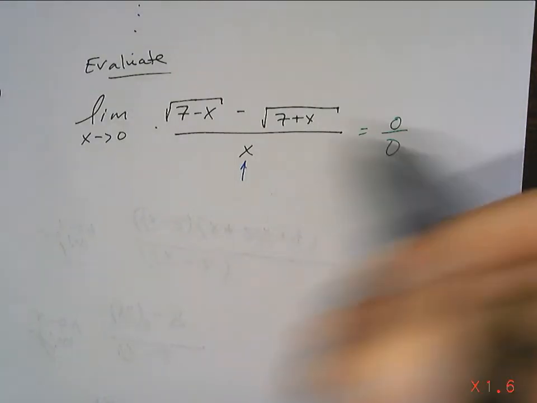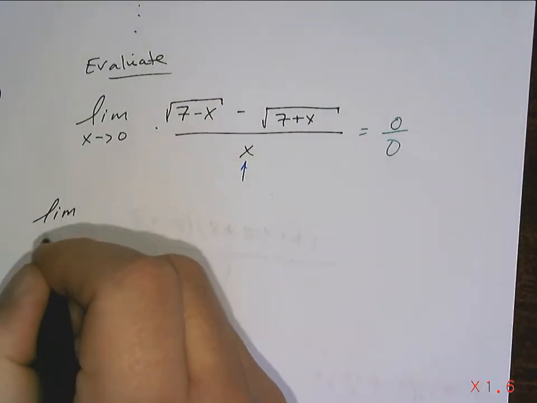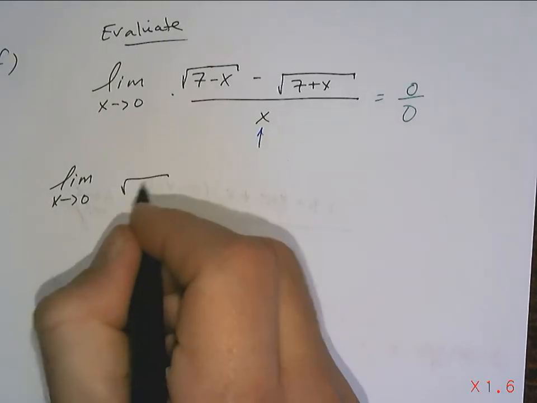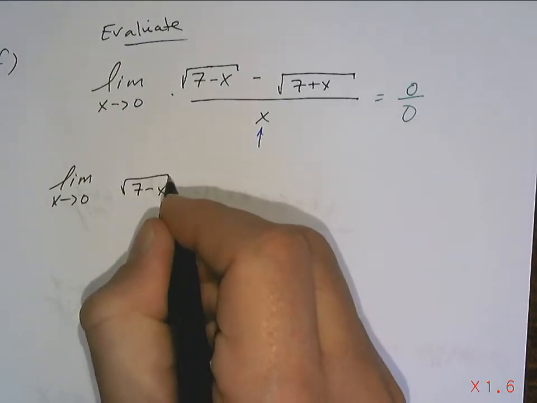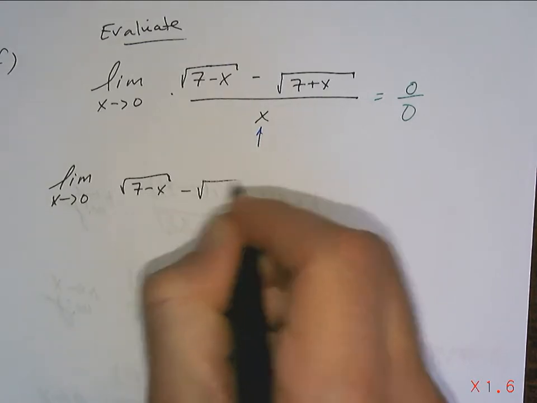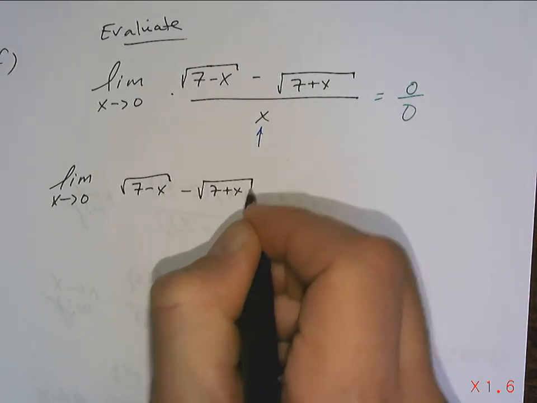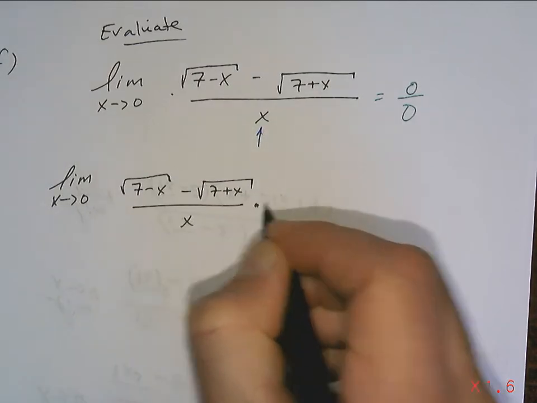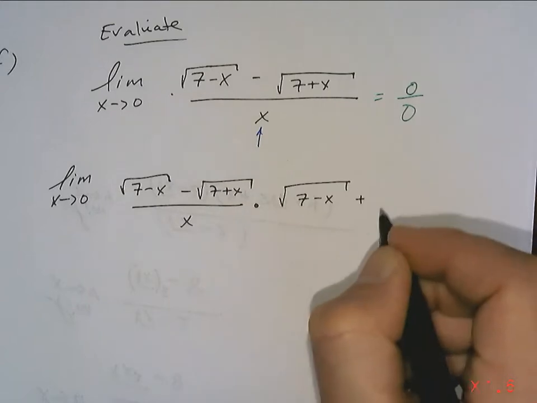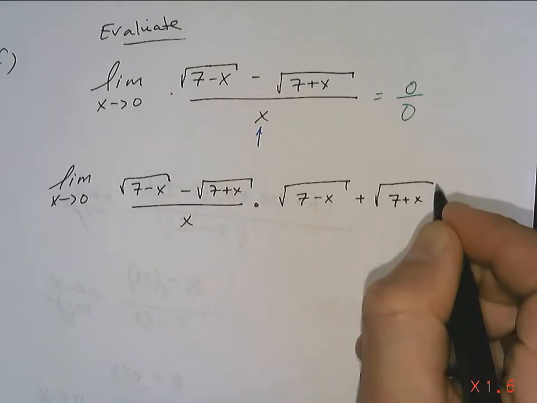Because I see radicals, I'm going to try multiplying by the conjugate. So root 7 minus x, I put a little downward thing on there to show where that stops, subtract root 7 plus x, a little downward thing. The conjugate is going to be root 7 minus x plus root 7 plus x.